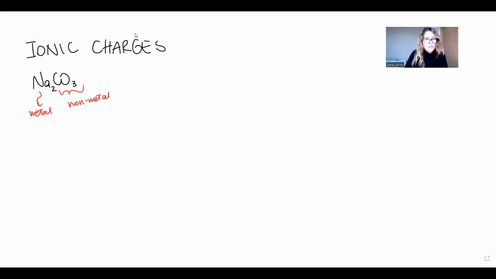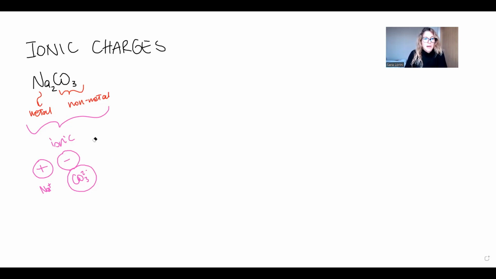However, overall, this is an ionic bond, because it's made by the electrostatic interaction of oppositely charged ions. In this case, the opposite ions are the metal and the carbonate. The carbonate is made by non-metals, so we have a covalent bond between those elements. However, because there is an excess of charge, it will form an ionic bond.